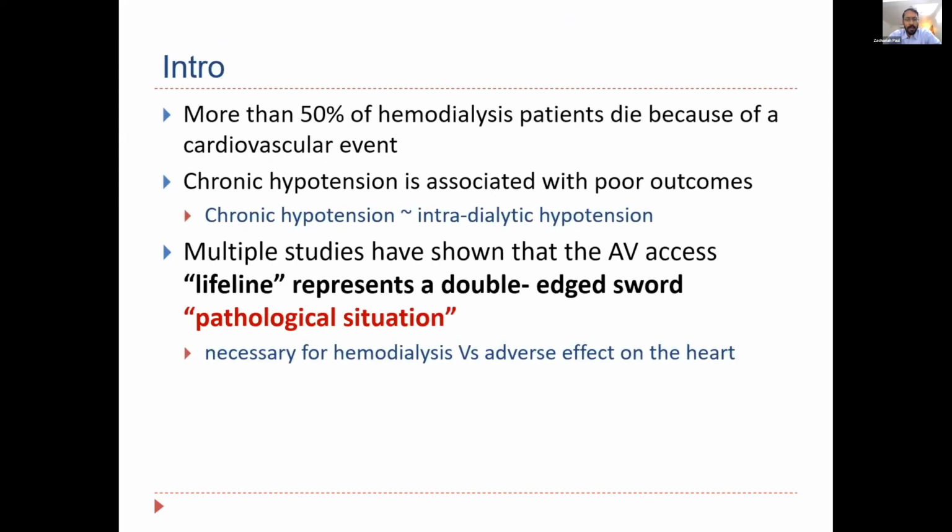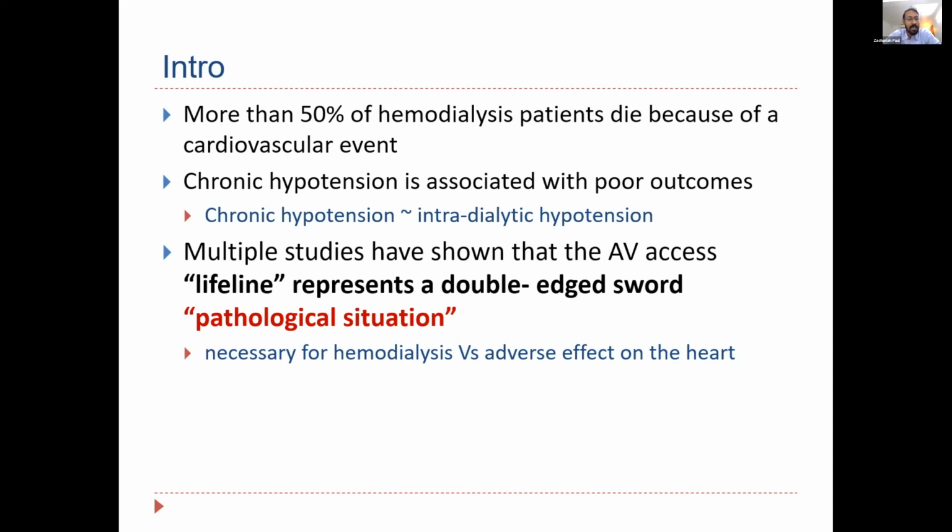We are all aware that 50% of hemodialysis patients die because of a vascular access event, and chronic hypertension is associated with poor outcome. And very often we find that there is a coexistence between chronic hypertension and intradialytic hypertension. Multiple studies have shown that the AV fistula, which we call the lifeline for these patients on dialysis, represents a double-edged sword.